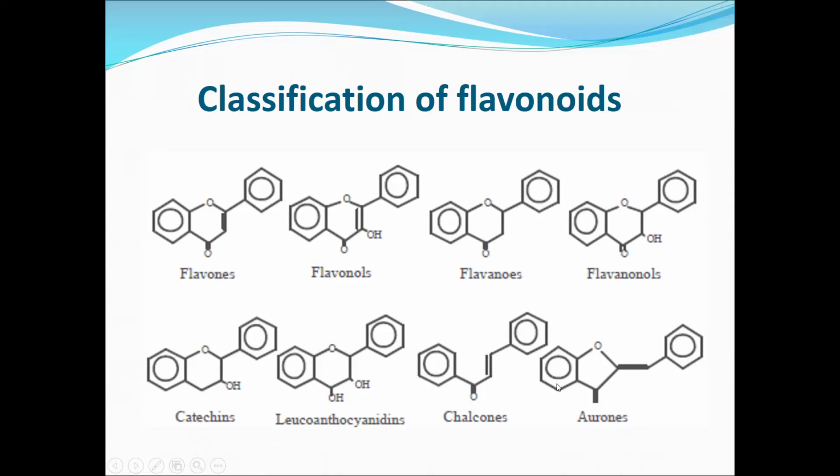This structural group is called aurones. So in total 8 groups of flavonoids are abundant in nature. For example, leucoanthocyanidins or anthocyanidins are the color of plant leaves and flowers.